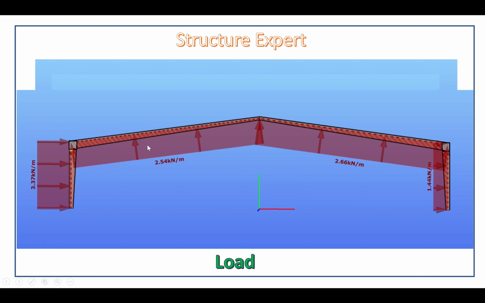For the wind load we use one load combination, one maximum load case, to compare. You can include internal pressure in your analysis, but in this case I use external pressure only, not including internal pressure.